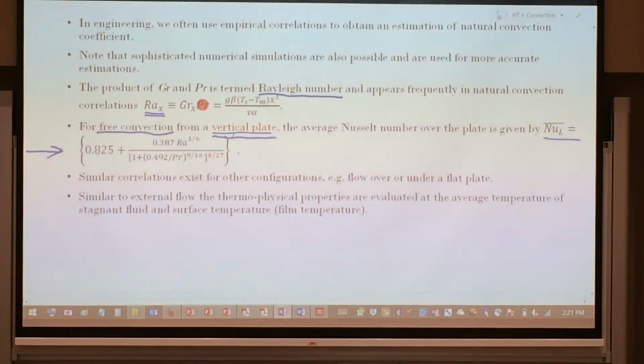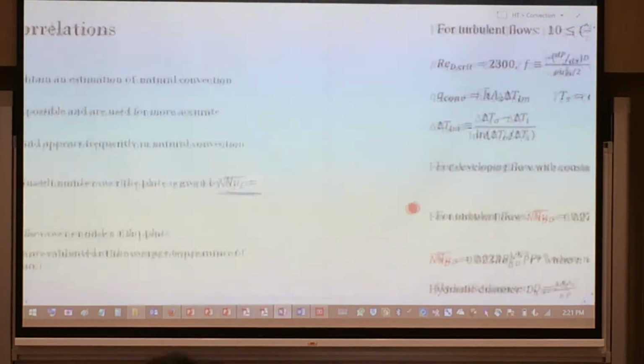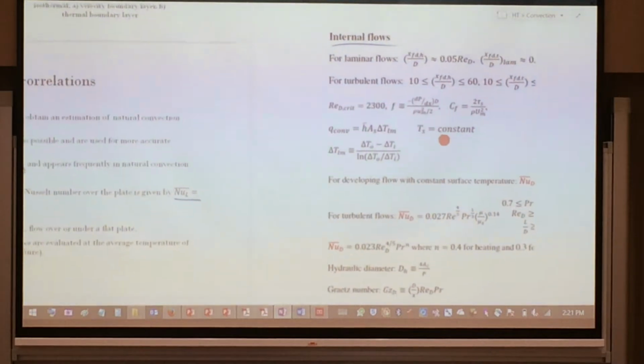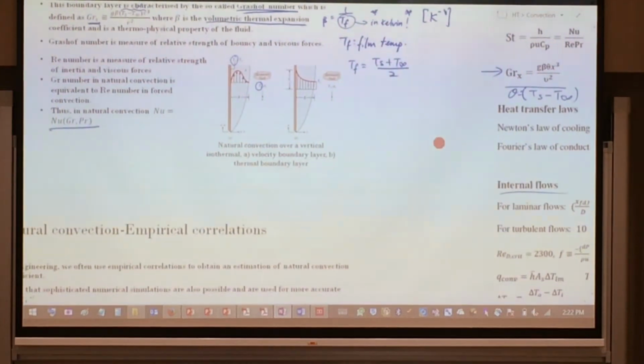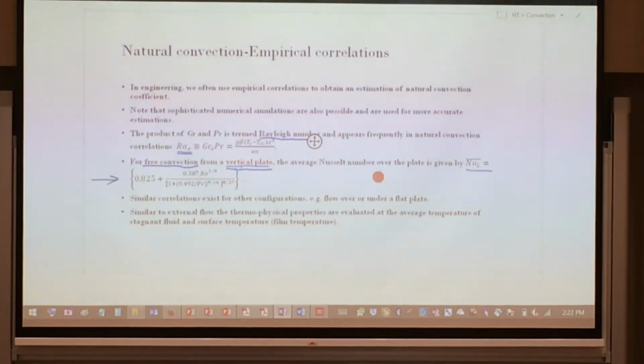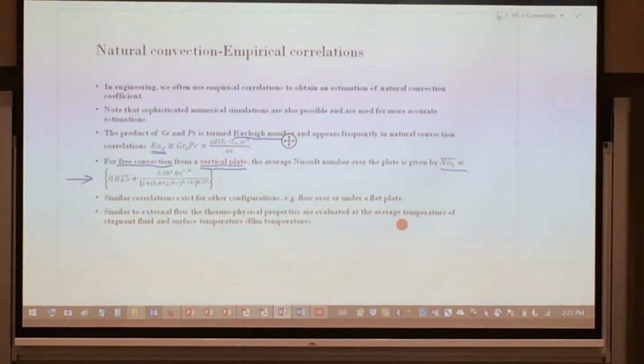Okay? You would have already seen what is the respective Grashof number and Prandtl number. If I move over here, your Grashof number is given by this, your Prandtl number is given by that. That's in your exam data booklet. Right? So for the Nusselt number in natural convection, it is a function of both your Grashof number and Prandtl number. If you multiply these two together, then we call it Rayleigh number.